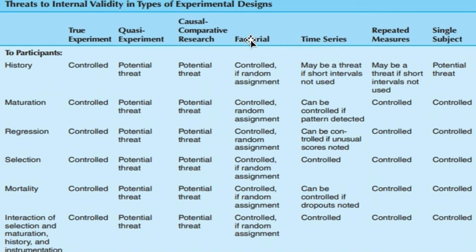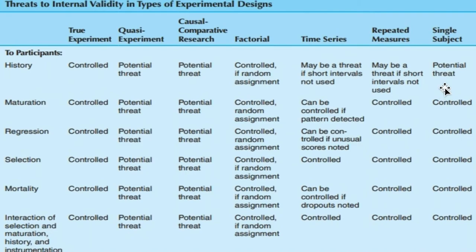If I'm using a factorial design and I'm doing an experiment with a factorial design, then I have control. Time series, I can get control over most of these things, but I have to be careful about how I set up my procedures. In repeated measures, depending on the interval, history could be a problem no matter what I do, if it's a long time, but otherwise it can control for everything.